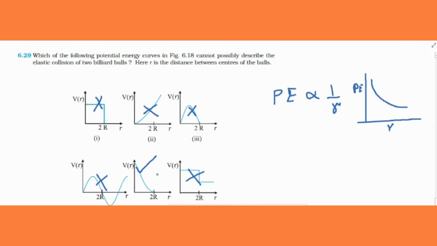Therefore, graph 5 represents the relation between potential energy and distance. So here you have to take the billiard balls.